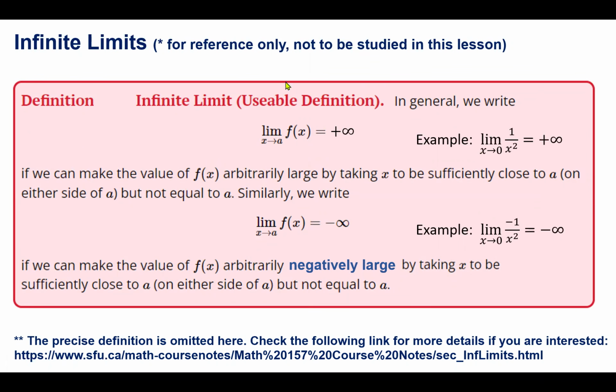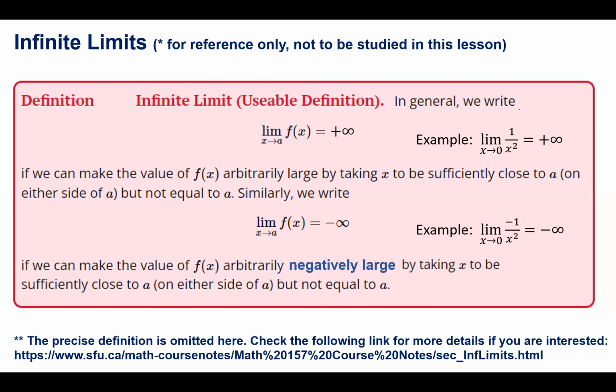So in general, we can also write the limit of f(x) when x approaches a equals positive infinity, if we can make the value of f(x) arbitrarily large by taking x to be sufficiently close to a on either side of a, but not equal to a.